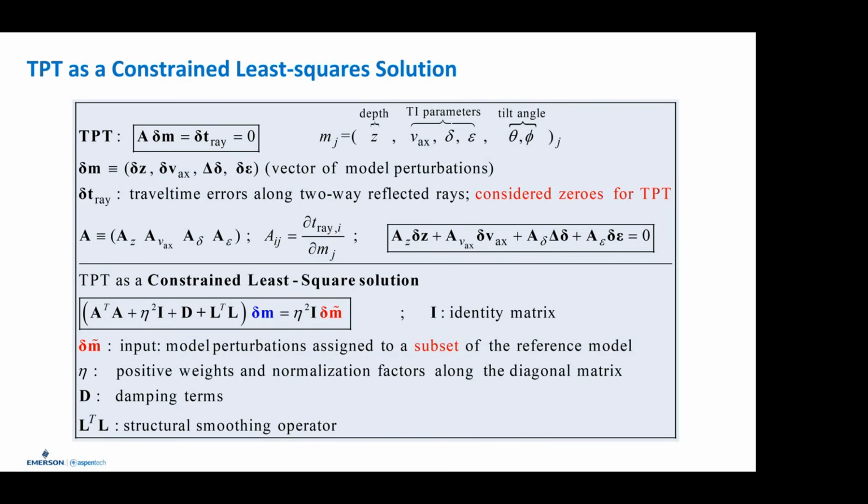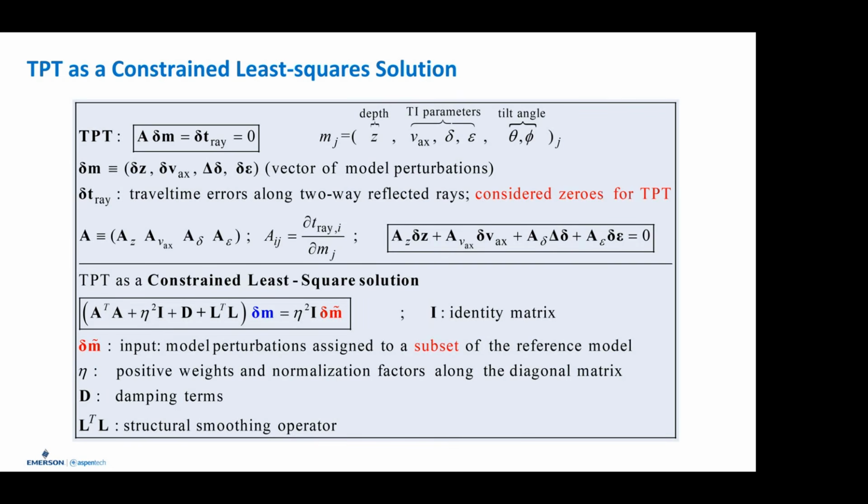So this matrix, which we sometimes refer to as the tomography matrix, or the relation matrix, is finally a huge matrix that contains the derivatives of the travel time with respect to the different model parameters.